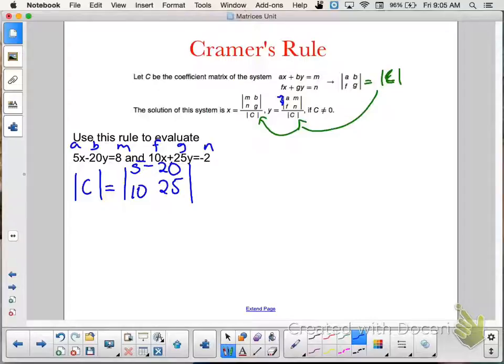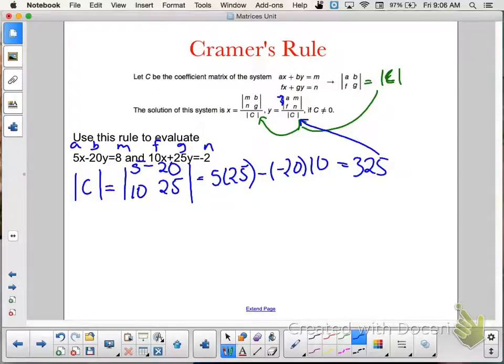Now I have that neat formula, so I can do 5 times 25 minus negative 20 times 10, which equals 325.